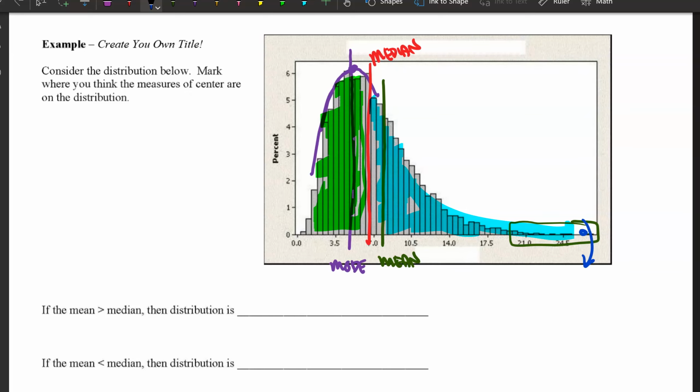It's going to turn that distribution more. So the mean is kind of like the weighted balancing point. Median cuts it in half. Mode is the peak, the local maximum. So if the mean is bigger than the median, such as the case is here, then the distribution is going to be skewed to the right.